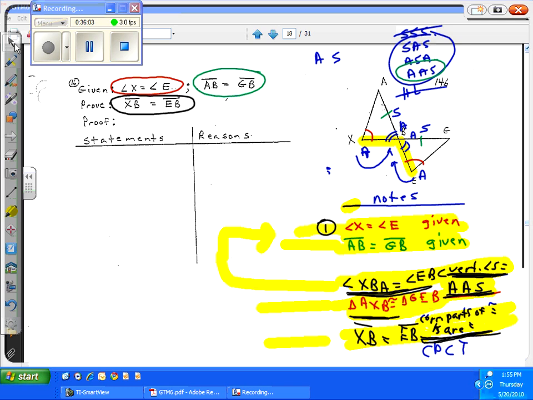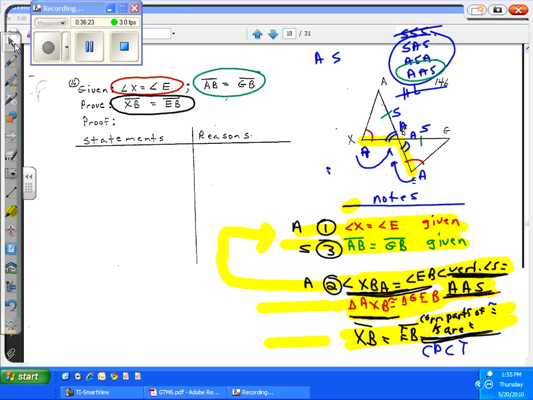Now, again, we moved this one statement. So to make this look like angle, angle, side in the picture, then this is my first angle, and this is my second angle. So I'm going to make that statement in reason 2, and then we're going to put the side as statement in reason 3. That way we actually have angle, and then side in our proof. So it doesn't look like angle, side, angle. When we move it over, it looks like angle, angle, side.